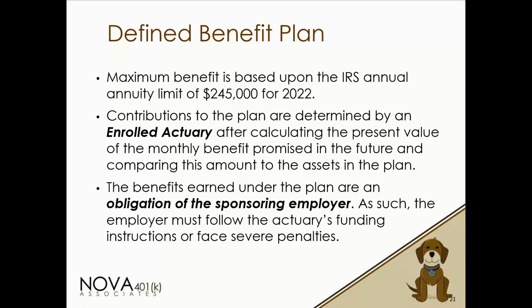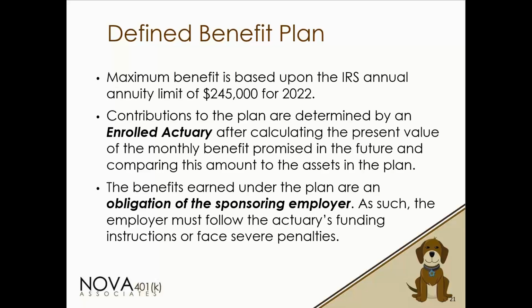And every year contributions are required, and because we're dealing with annuities, we have to look at life expectancy. We have to do various, I'll call it complicated calculations. And so an enrolled actuary has to certify the annual results.